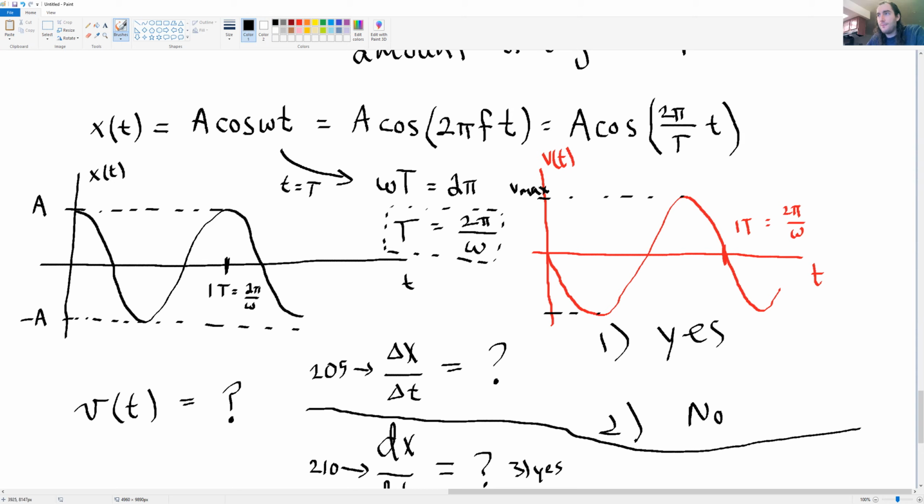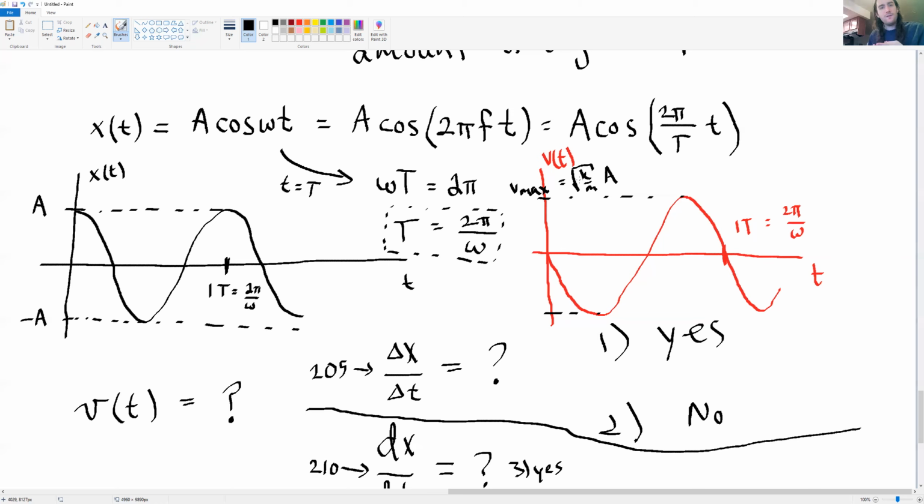And the max velocity is V max, but we can also write that as square root of K over M times A. If square root of K over M is bigger than 1 times A, then this thing has larger peaks than the position x of t.